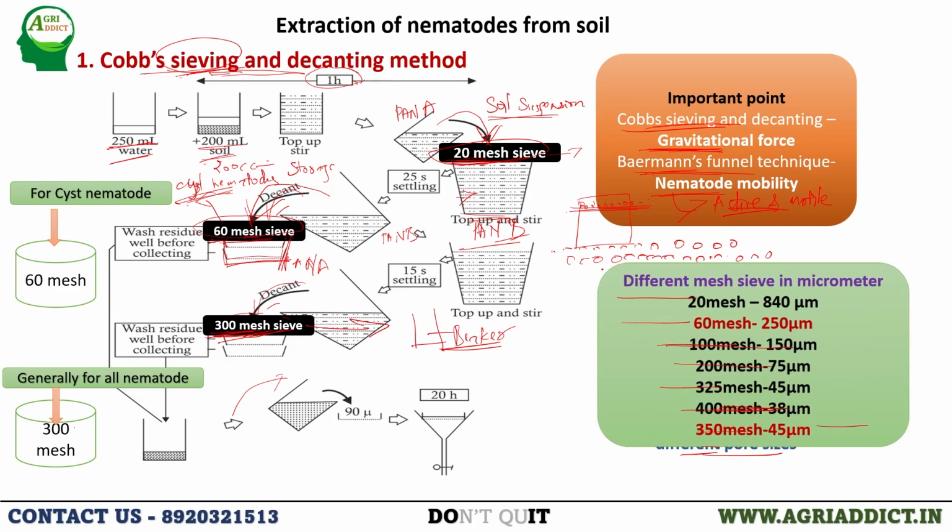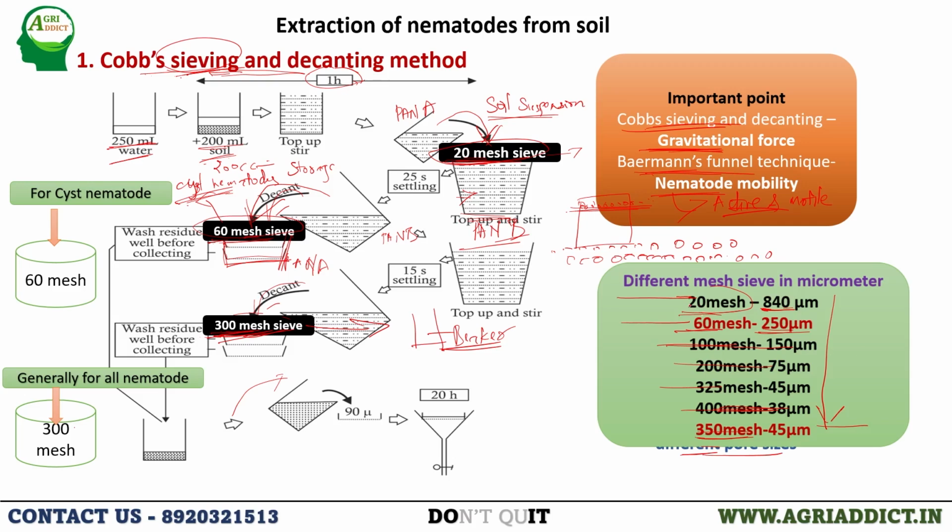As I told you about the different mesh sieves used in Cobb's sieving and decanting method, here you can see that 20 mesh is around 840 micrometer, when we consider it in micrometer. And if it is 60 mesh, it is 250 micrometer. From 20 mesh to 350 mesh, the size goes on decreasing.